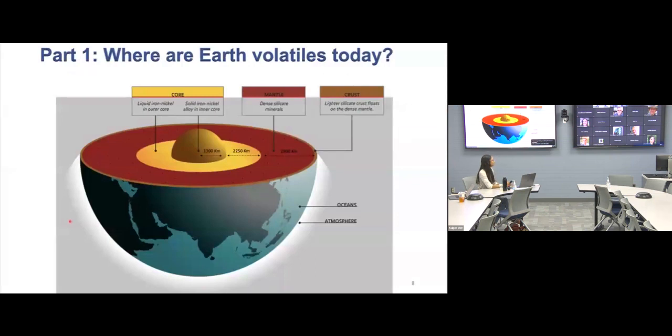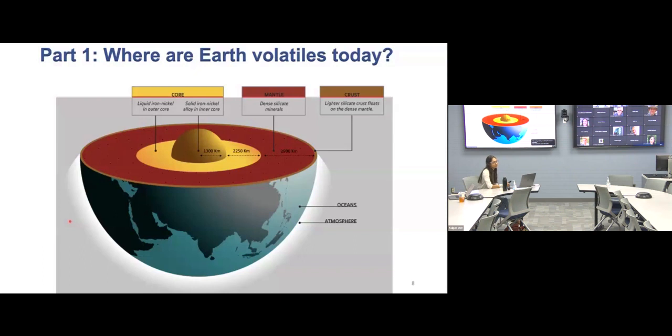We can begin to quantify Earth's volatiles today by assuming some bulk composition. Usually we assume some primitive meteoritic bulk composition, such as carbonaceous chondrites, and apply a mass balance argument to that. But this doesn't really help us understand how the volatiles became internally redistributed.